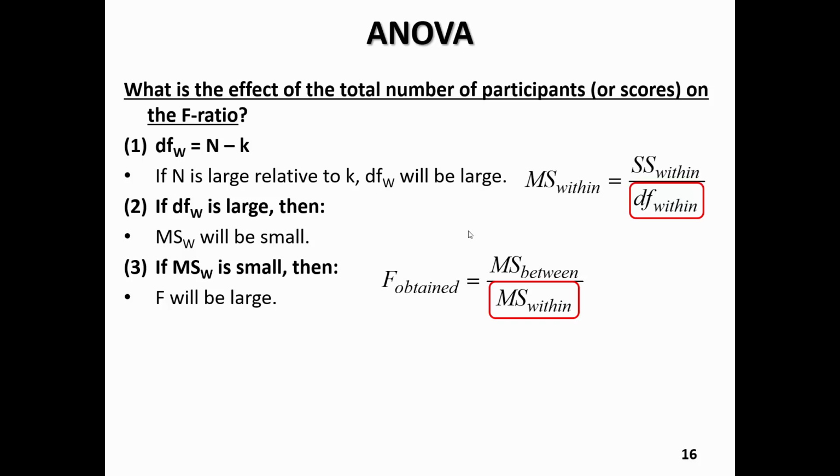So going back to step number 1, our mean square within, in the denominator of our F obtained, is going to be a relatively small value because the degrees of freedom is a large value, and it's large because of the big difference between the sample size and the number of groups.